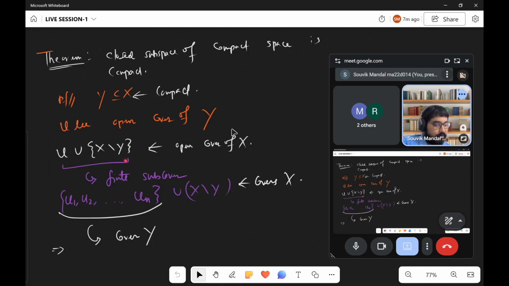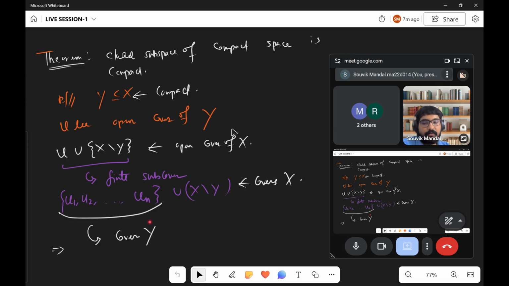That means U union X minus Y contains a finite subcover. So there are U1 to Un such that U1 to Un union X minus Y covers X. So this means U1 to Un covers Y. So this is the argument. Is the argument clear to you?